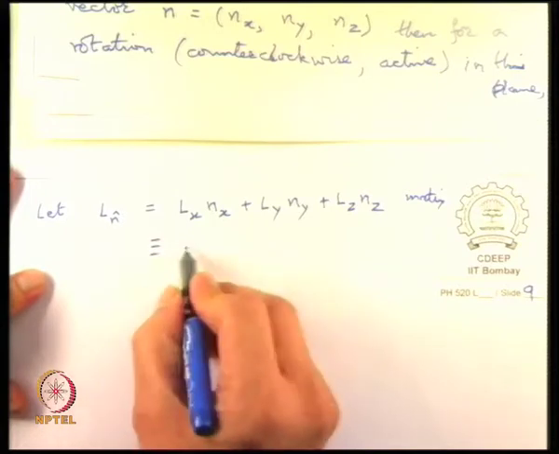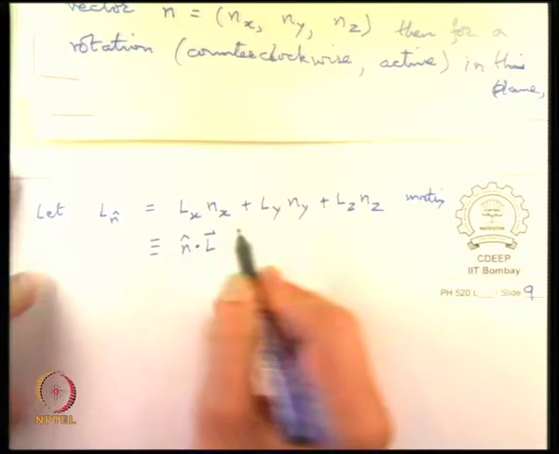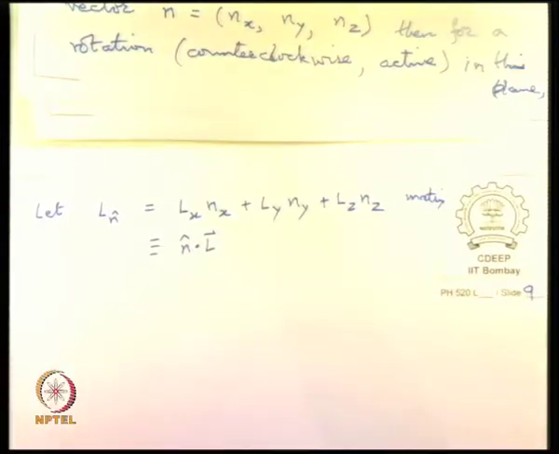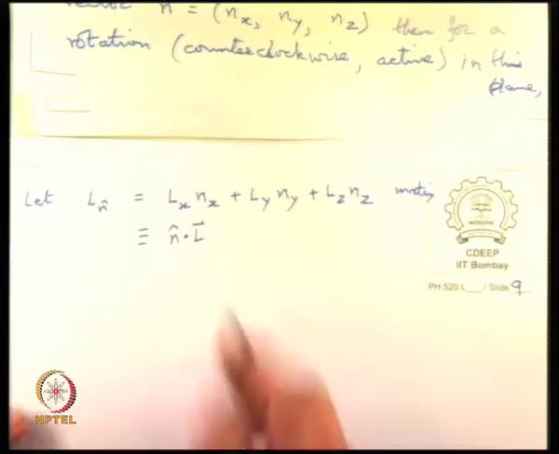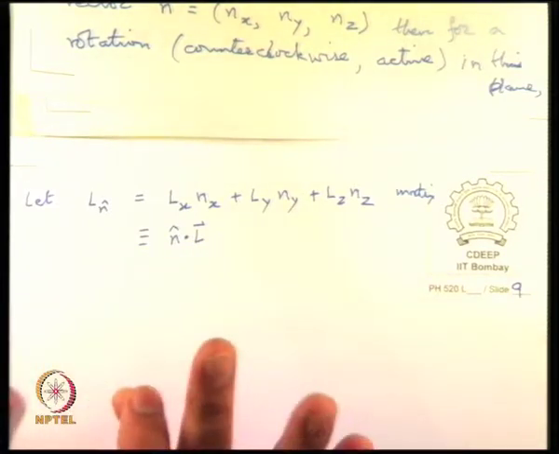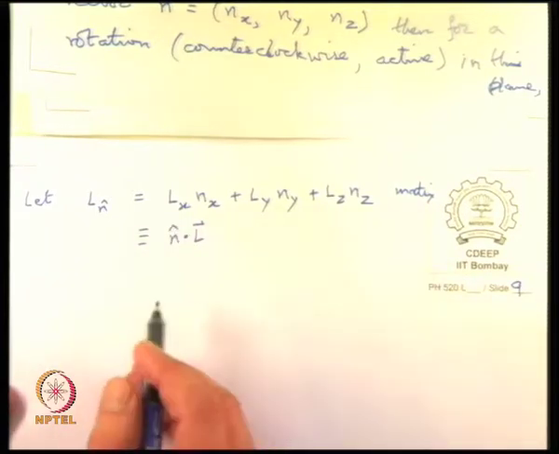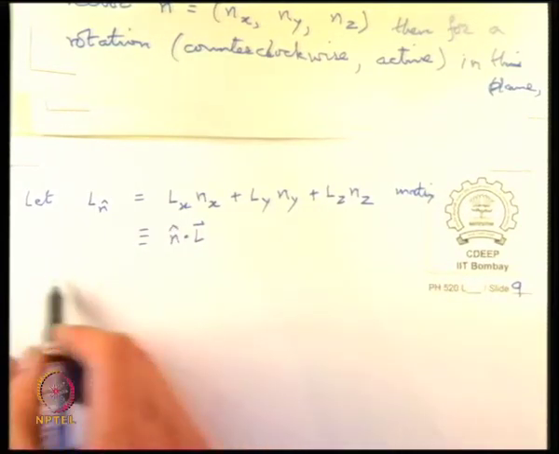And we symbolically write this as n cap dot L. Mathematicians will faint at this kind of notation, but it doesn't matter. They are not in this room. So the L's are matrices. They are not in any sense vectors, but putting that arrow on top saves us a lot of writing.